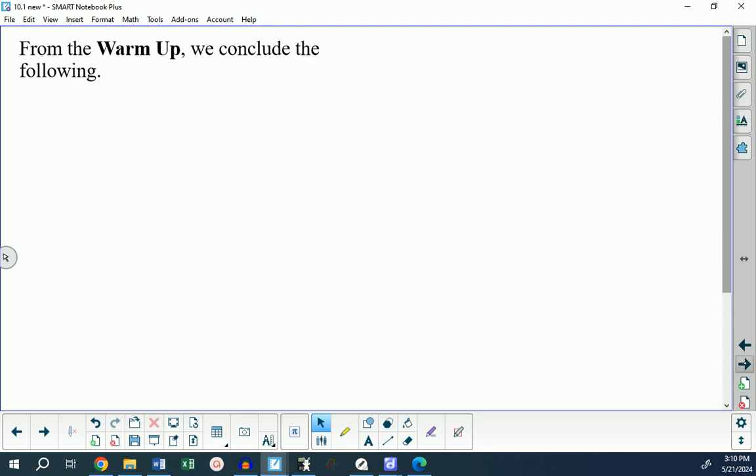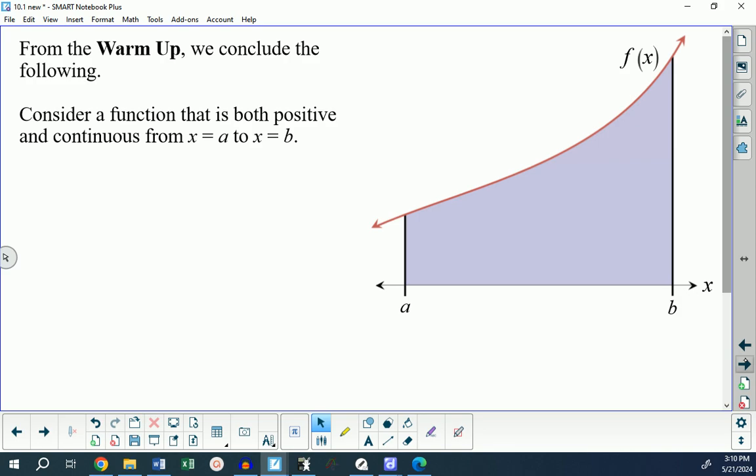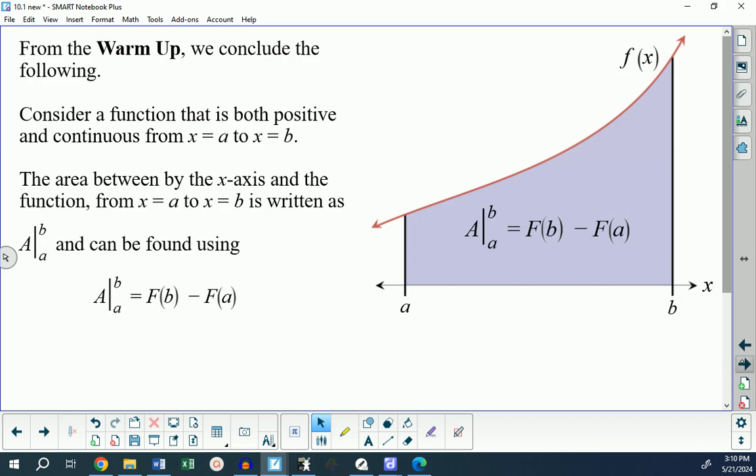As long as a function is continuous from one value of x to another value of x, and is positive in that interval, in other words, as long as a function looks like that, whether it goes up and down, doesn't matter, the area from a to b, above the x-axis and below the function, will be the antiderivative at b minus the antiderivative at a. That's the rule.